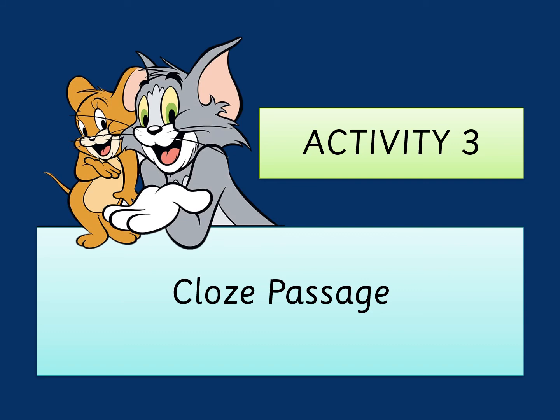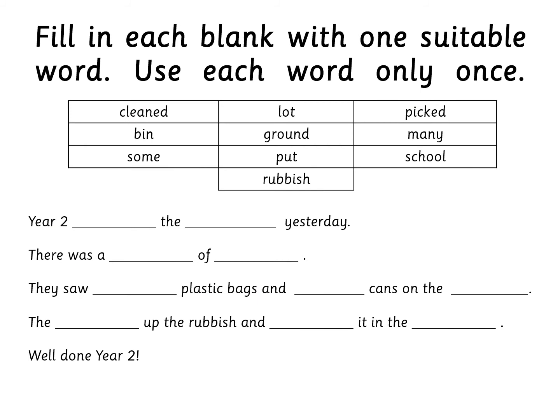Okay, let's move on to our next activity, which is activity 3. You are going to complete a cloze passage. Okay, here is the cloze passage. I am sure you have read the passage earlier on. So the instruction, fill in each blank with one suitable word.